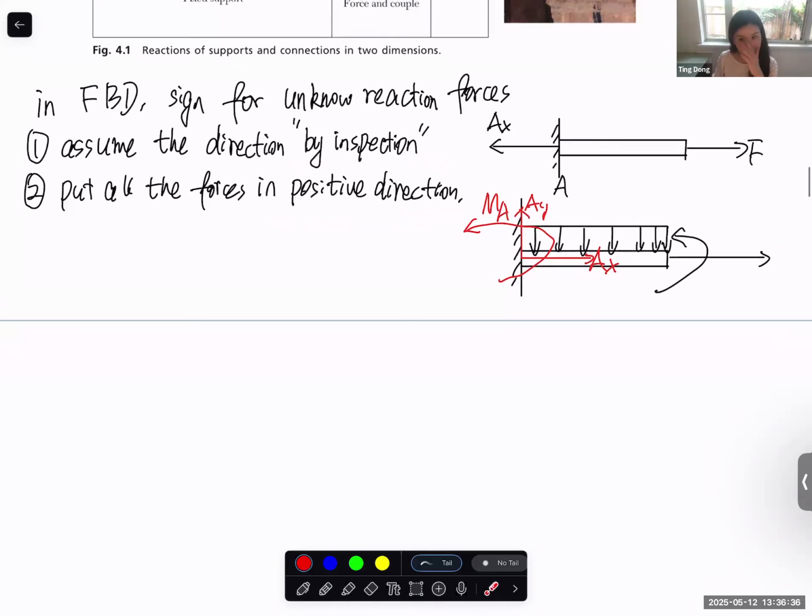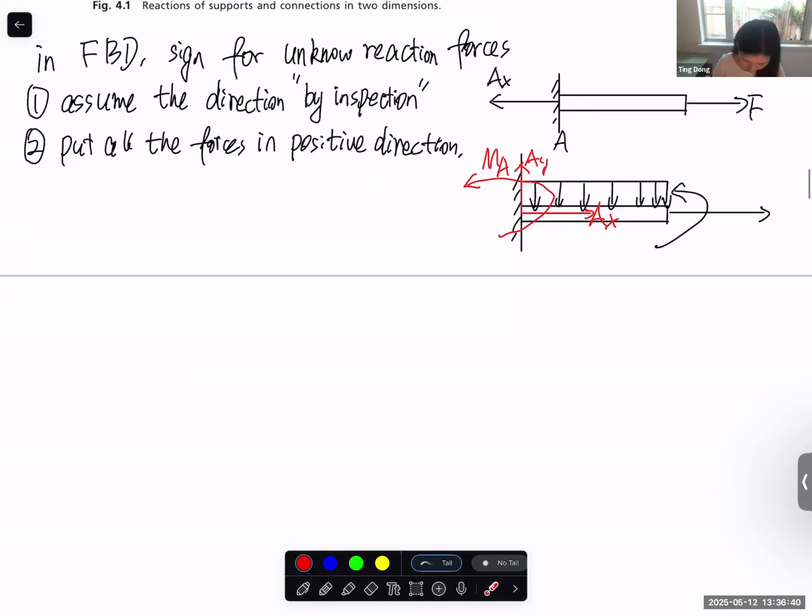Another one is the internal force. I want to have this part separate here because it used to be very confusing for a lot of students. Some conventions for the internal forces.